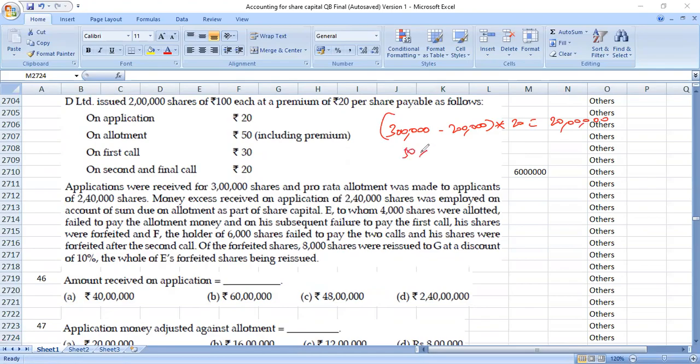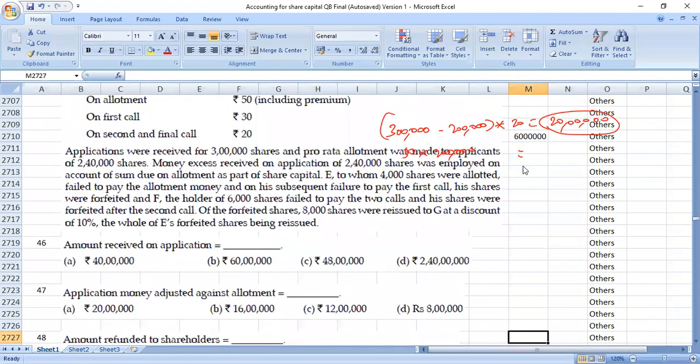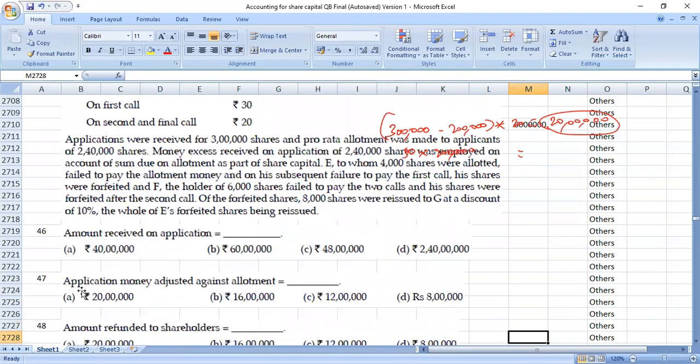Application money due வந்து 50 into 2 lakh, that will be 100 lakhs, which means 1 crore. So 20 lakh rupees is the amount adjusted against allotment. But that is wrong. In fact, 20 lakhs is given as a choice, but that is wrong.